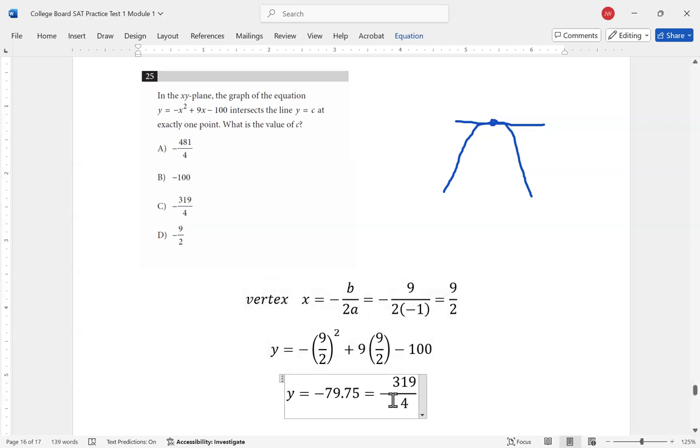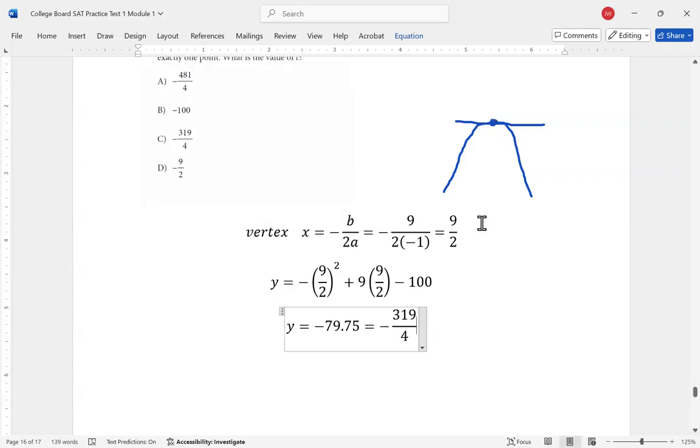And there you go. That's the y value of the vertex, which means that c needs to be equal to negative 319 over 4. And so your answer is option C. Interestingly enough, the value of C has to be option C. So that's the answer to question 25.